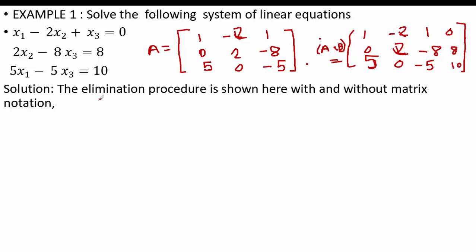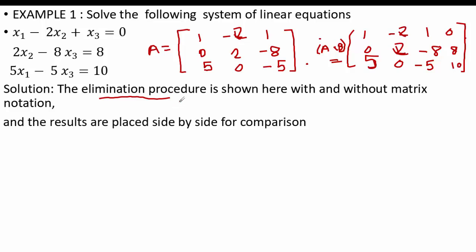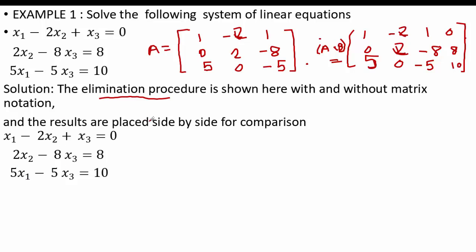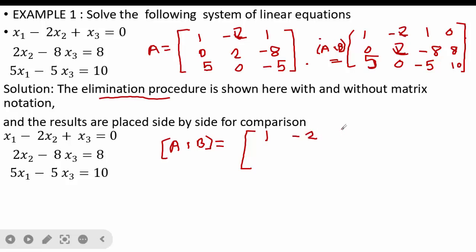Now let us see the elimination procedure of this system of equations with and without matrix notation. The system is written here, and we had written the matrix of this system AB, equal to the matrix in which we had written coefficient of x1, coefficient of x2, coefficient of x3 and constant term.